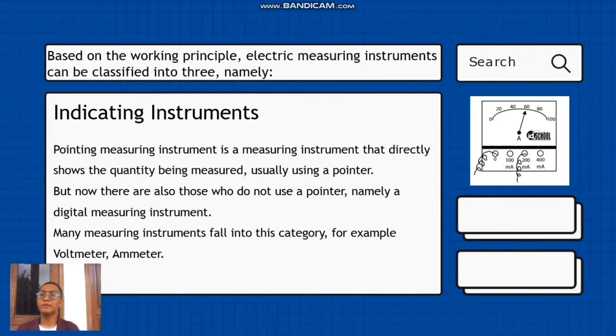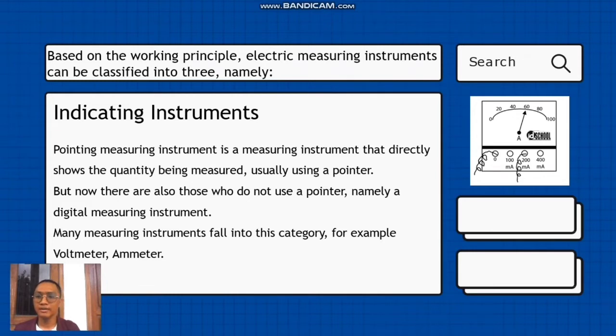Based on the working principle, electric measuring instruments can be classified into three, namely indicating, recording, and integrating. The first one is the indicating instrument. An indicating instrument is a pointing measuring instrument that directly shows the quantity being measured, usually using a pointer.